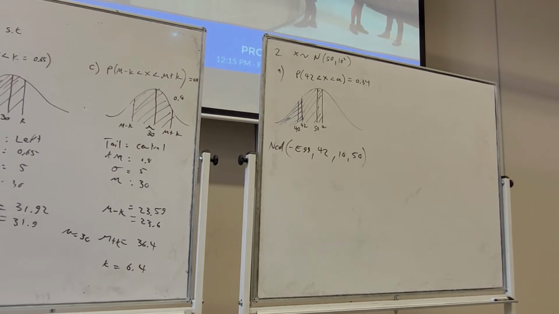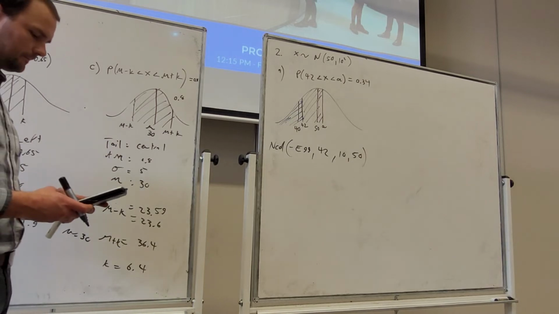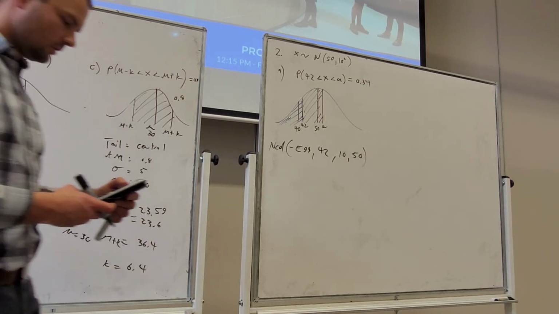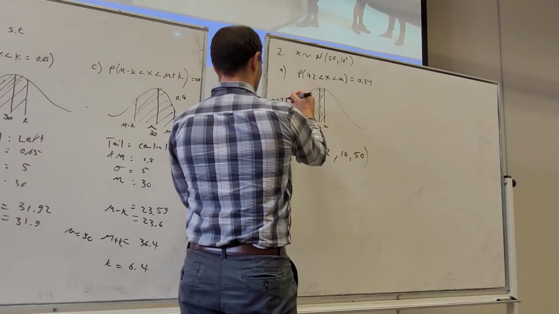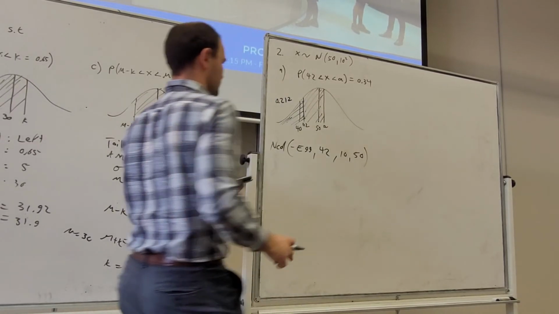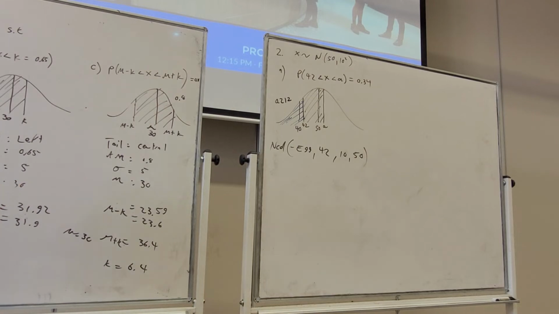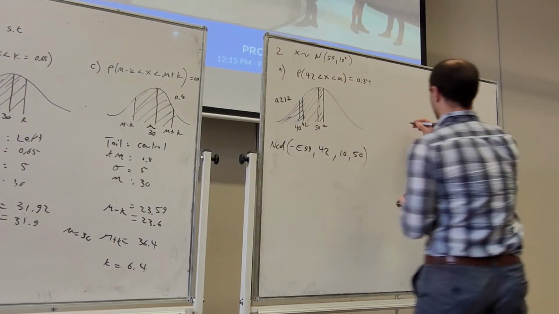Distribution, normal CD, minus infinity to 42. Standard deviation 10, mean 50. I've got 0.212.